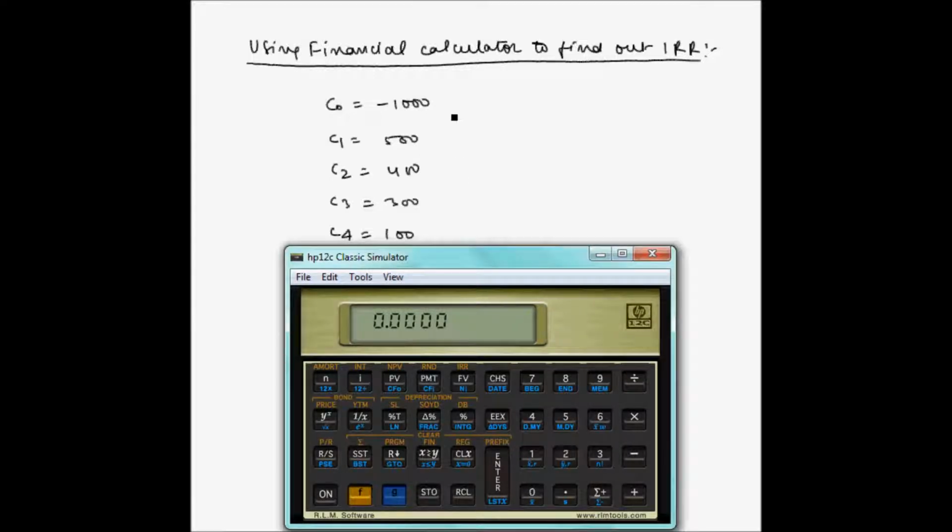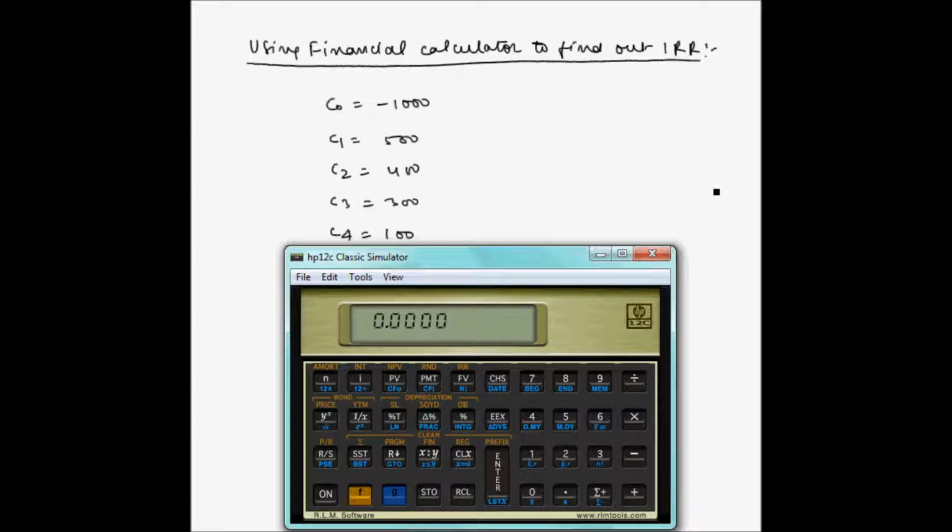So we have to enter the value of the cash flows in the chronological order. Now CF0 is cash flow 0, or the C0 cash flow that we have represented here. CFJ represents all the remaining cash flows, so C1, C2, C3, C4, and so on. Now the method to use the financial calculator is that first we enter a number and then let the calculator know what that number stands for.